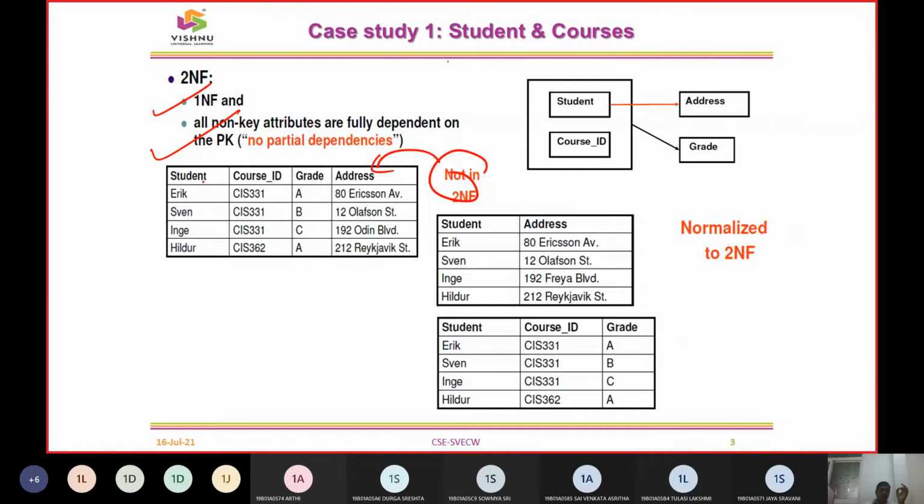Here there is student, course ID, grade and address. Is there any relation between student, course and address? There is no relation. Is there any relationship between grade and address? Again, there is no relation.